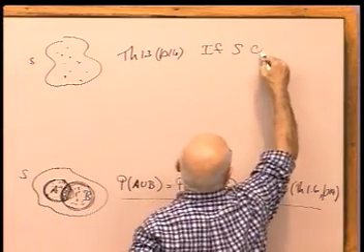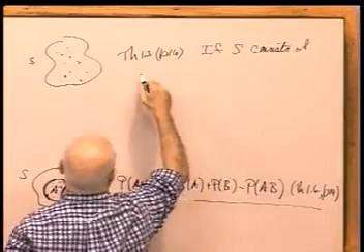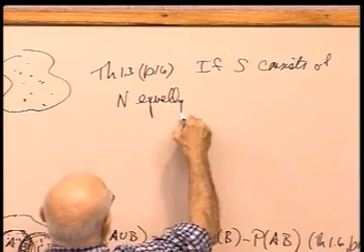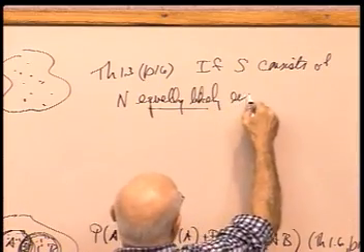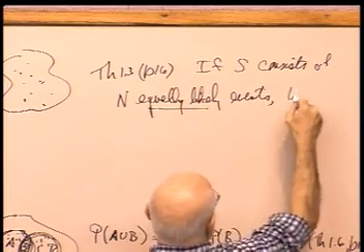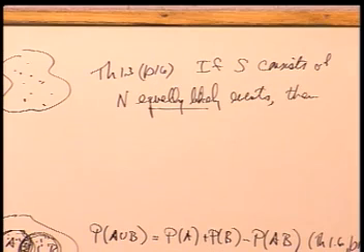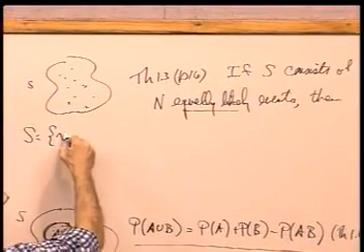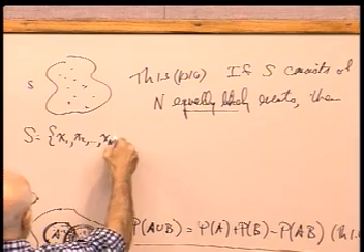sample space consists of capital N equally likely events, then, okay, I got to explain what I mean by equally likely, but S is going to consist of these points, which I'll call x1, x2, x sub n.